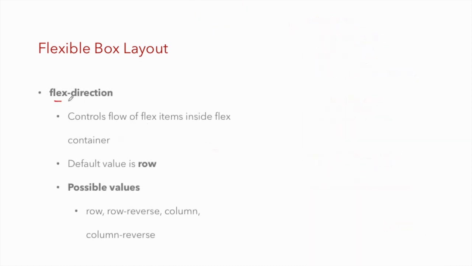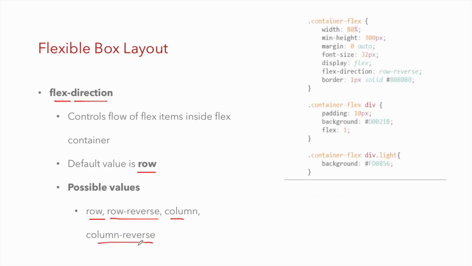So we'll talk about flex-direction, which controls the flow of flex items inside the flex container. The default value is row, and these are all the possible values: row, row-reverse, column, and column-reverse. This is how we write this property.